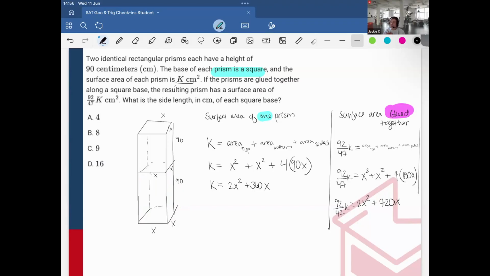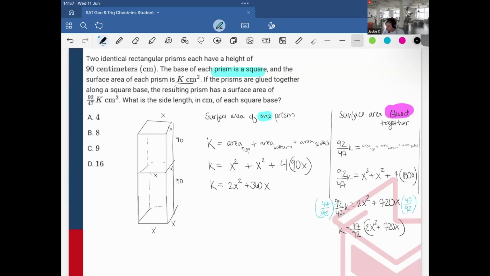Okay, so next what I would do personally is, I have two equations, so I can solve for k and then set them equal to each other. So let's do that. First I would simplify this one, multiply each side by 47/92. Remember, what you do to one side, you must do to the other. So basically everything is being multiplied by 47 over 92 times 2x squared plus 720x.